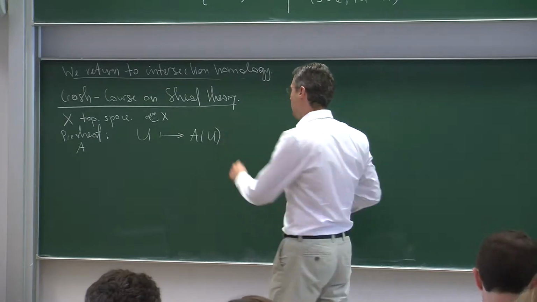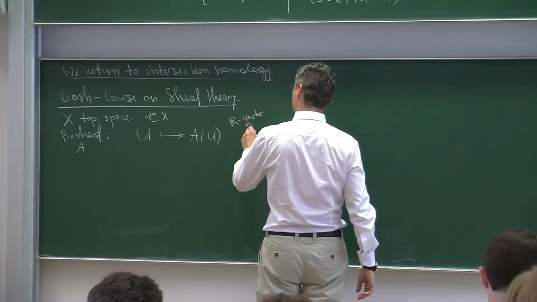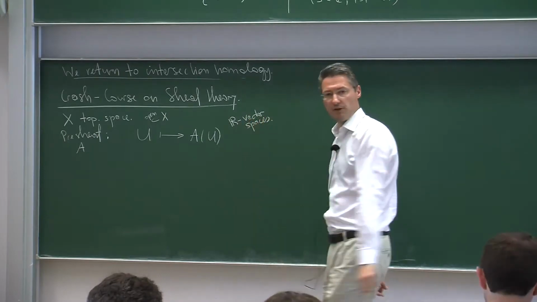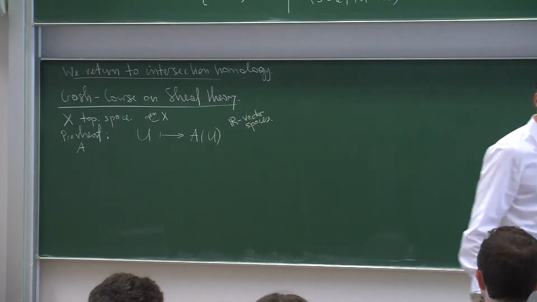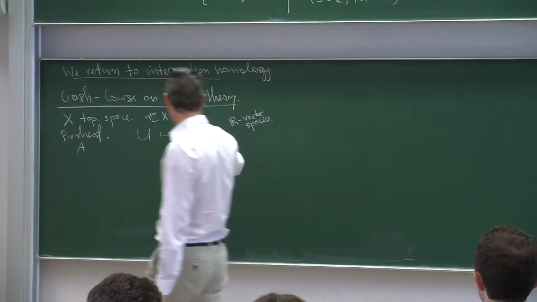So let's say these are R vector spaces, because this is what we will actually use when we do intersection homology theory again. So let's say these A(U) are just R vector spaces.